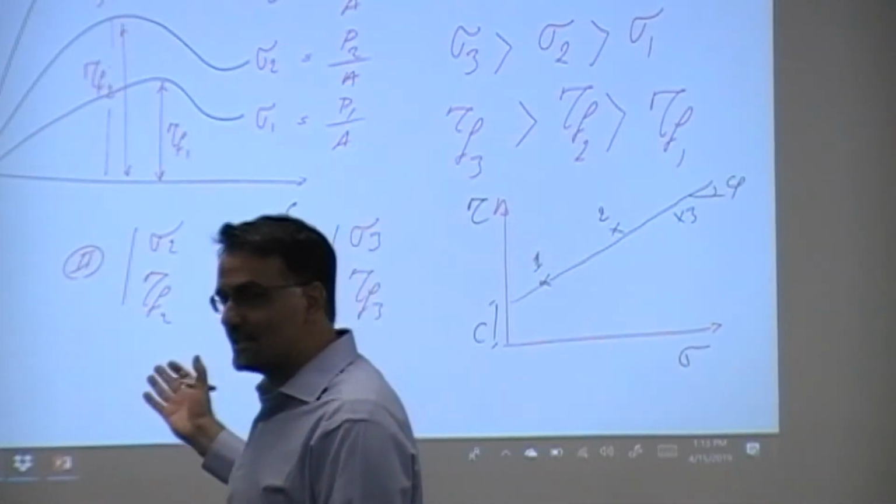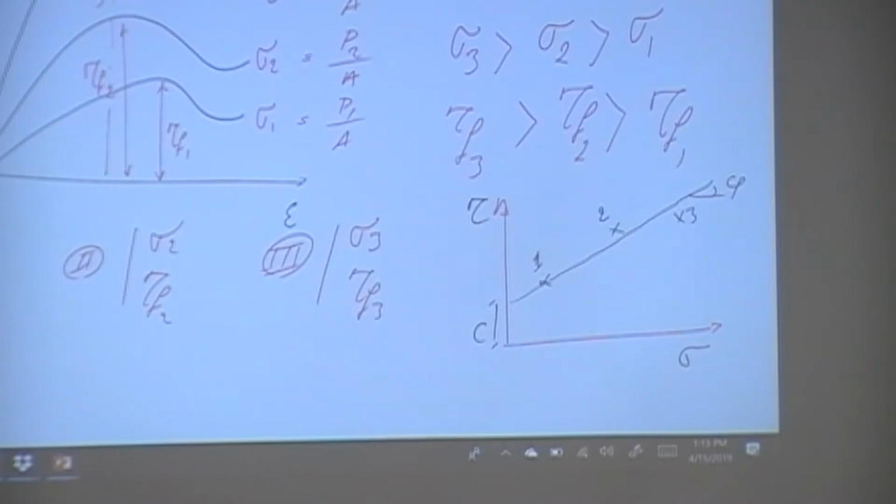So you're looking at the C values and the phi values to be able to characterize the Mohr-Coulomb failure envelope. You need to know the C, you need to know the phi value. For that, you have 3 points, 3 tests, run at different surcharges. Based on that, you can simply get the Mohr-Coulomb failure. If the problem asks you to determine the parameters of the Mohr-Coulomb failure envelope, you have to report the C value and the phi value.